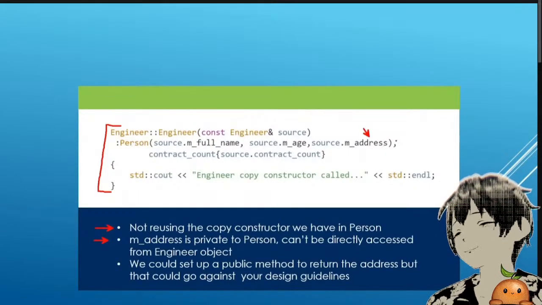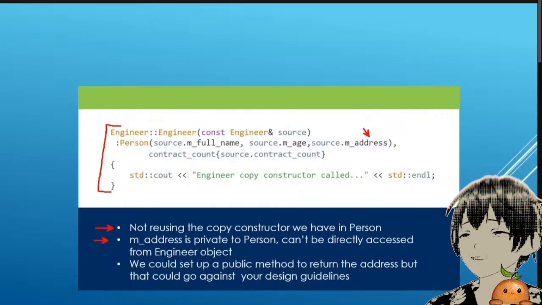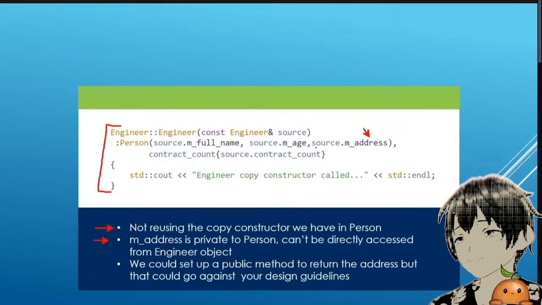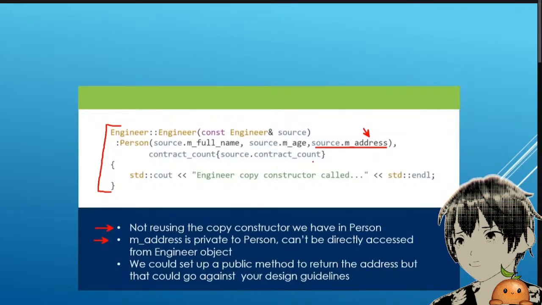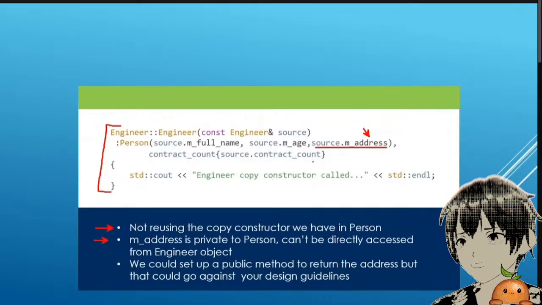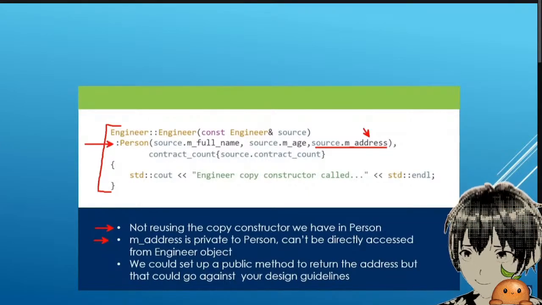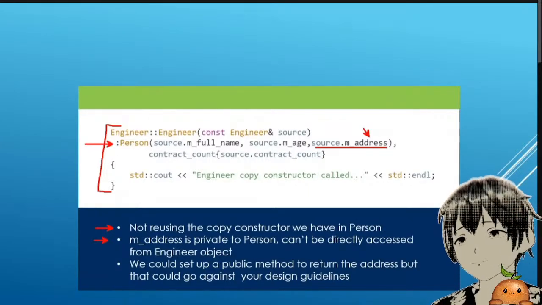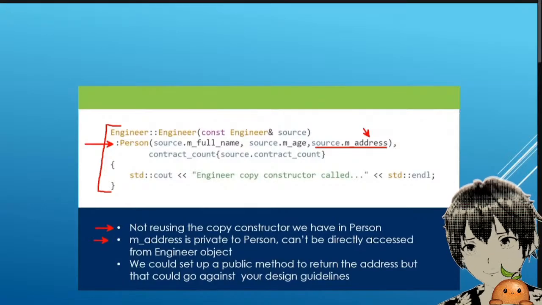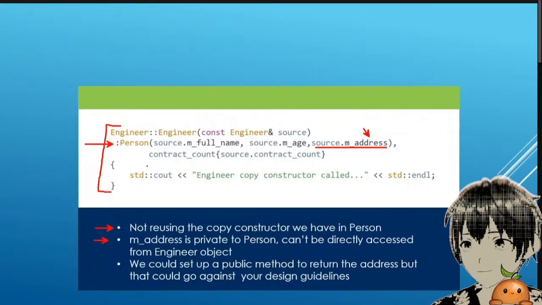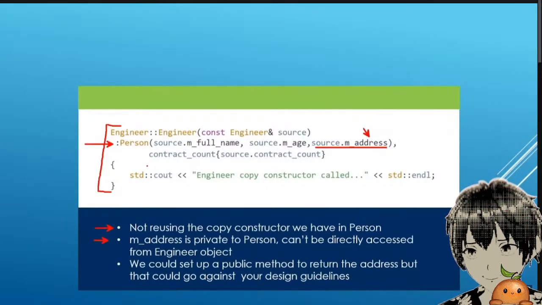Again, it is possible to set up a getter that could return that, and we could use that getter in this place, but this is bad design. We are really forced to set up a getter that is possibly only used in this place. That's bad design. We don't want to do something like this. We don't really want to set something up if we're not going to use it multiple times. And there is the person from which we will be copying to initialize the person part of us. We don't want to be making that copy because we hate copies in C++ code.